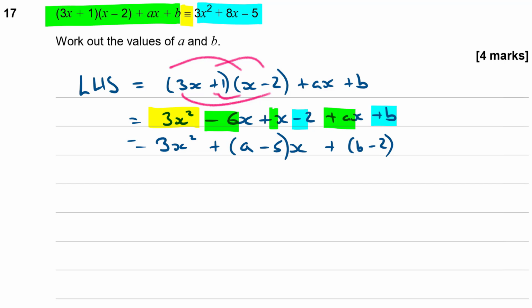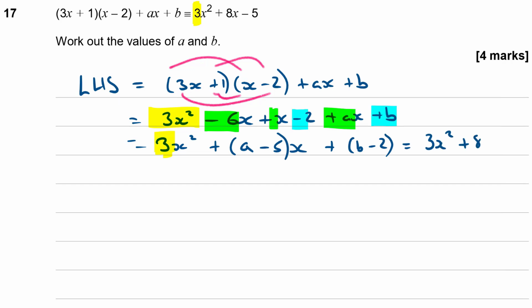So now I can start comparing it with my right hand side above. So my coefficient of x squared matches with that coefficient up there. We're saying that this is equal to 3x squared plus 8x minus 5.